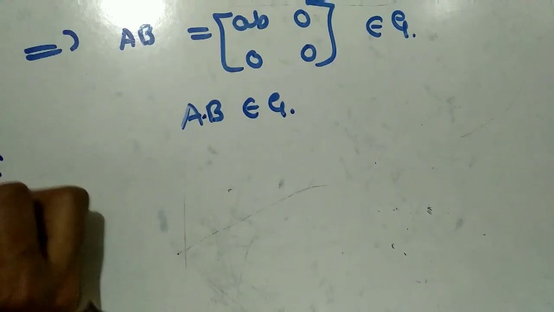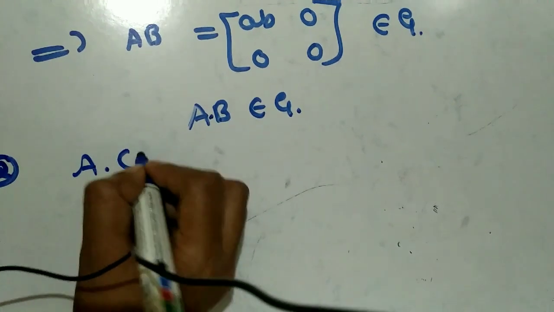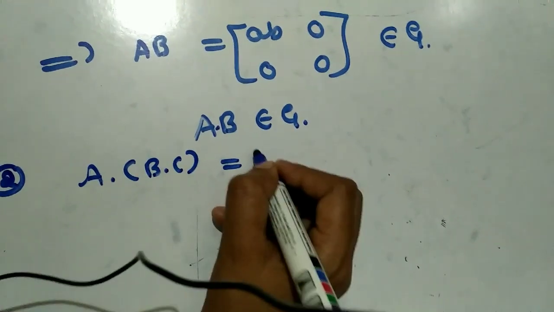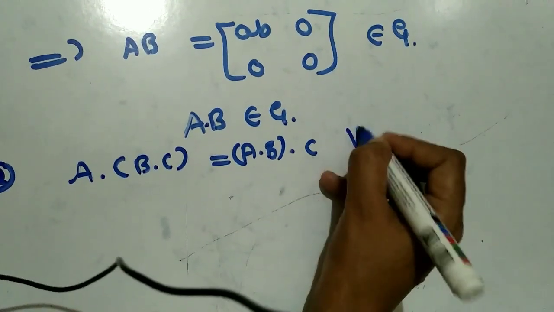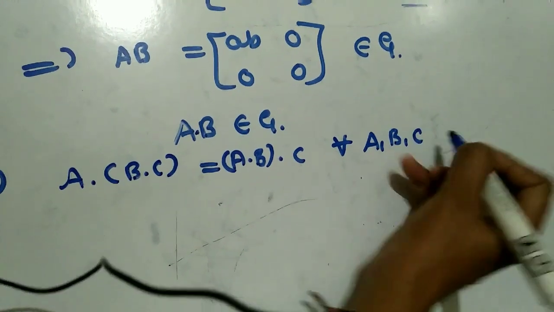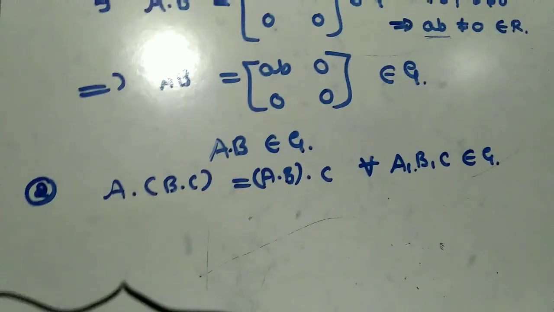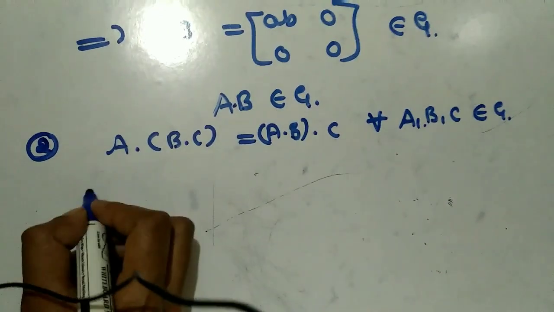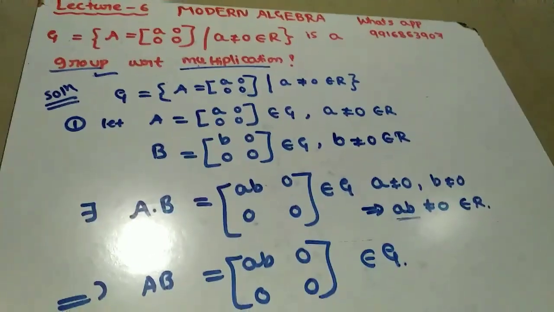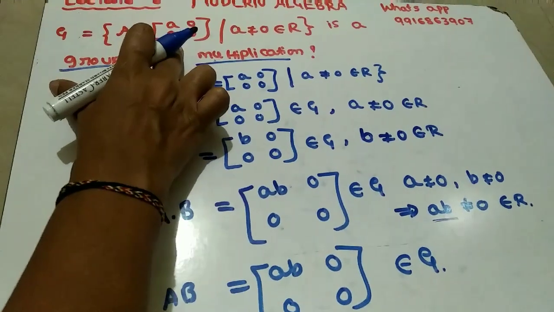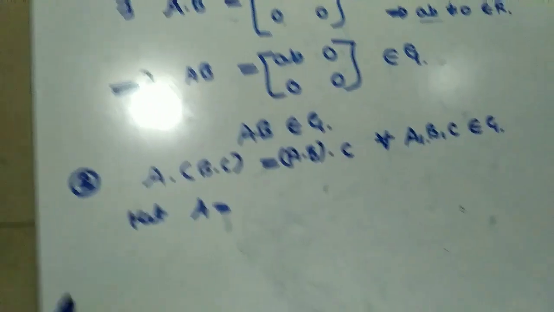So next one is the associative law. What is the associative law? A dot B dot C is equal to A dot B dot C, for all A, B, C, which are all matrices belonging to my non-empty set. So let us take, how to take your elements? This is your element now. The matrix is acting like an element in this example.